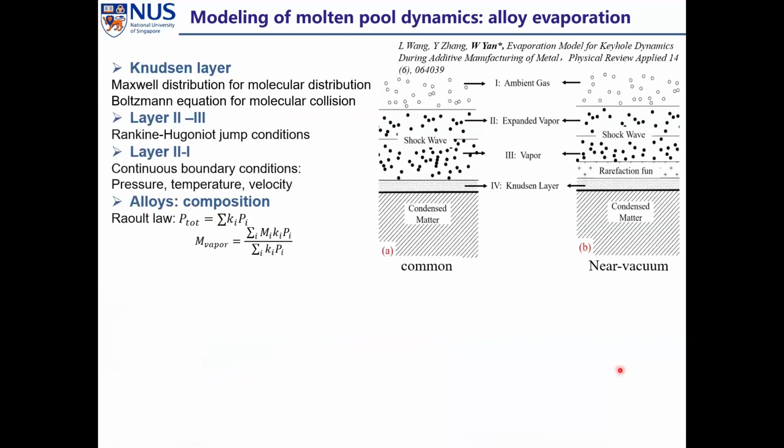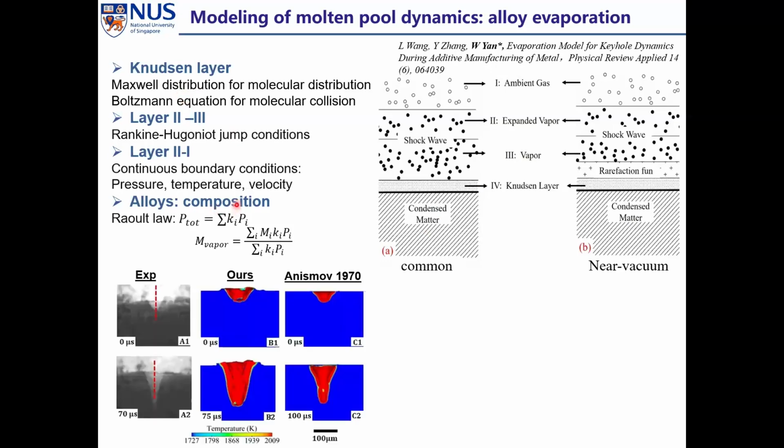So for the alloy evaporation, we develop our own model from the fundamental thermodynamics. For example, the Maxwell distribution equation for molecules and Boltzmann equation for molecule collisions. The major motivation for us to develop this model is because we realized the previous very classical model developed by Anisimov in 1970 is oversimplified.